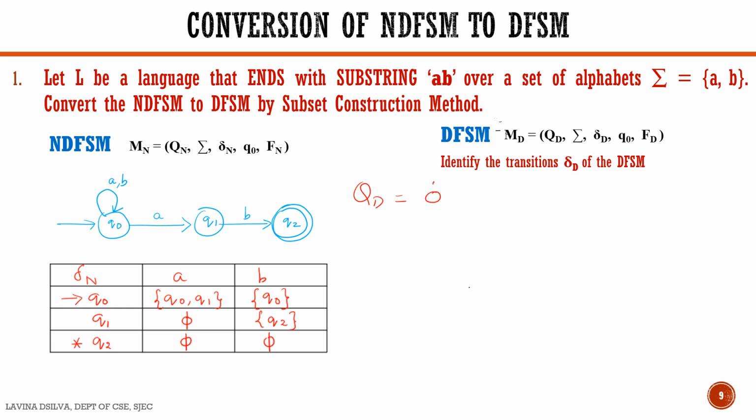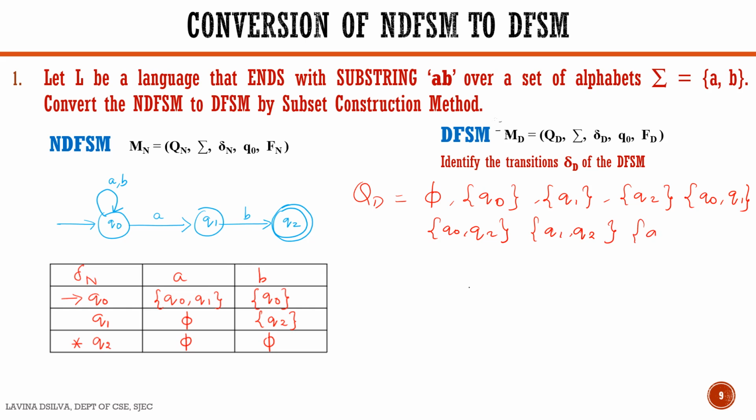So we know that we have got an empty set, Q0, Q1, Q2, Q0 Q1, Q0 Q2, Q1 Q2, and Q0 Q1 Q2. These were our 8 states. These transition functions will be defined for each of the 8 states of your DFSM.